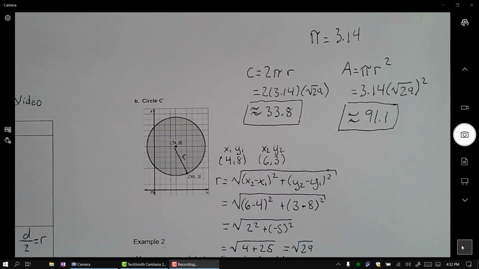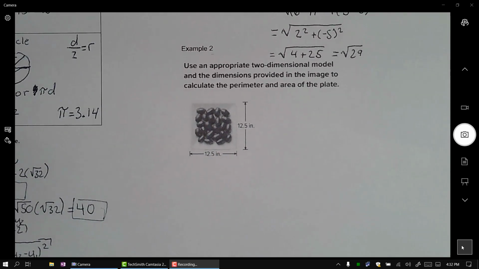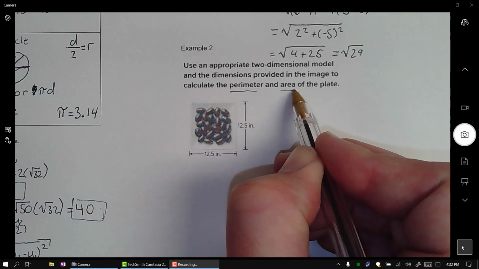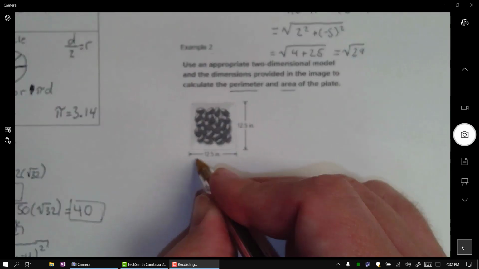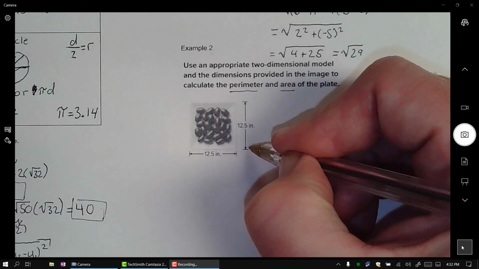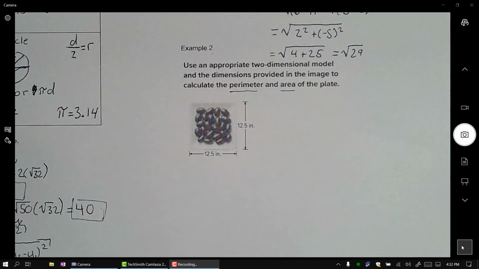So let's take a look at example 2. So we want to calculate for this the perimeter and the area of this plate. So the shape of this plate, well, the side is 12.5, and then we have 12.5 inches. So this is equal to this, so they're the same thing.